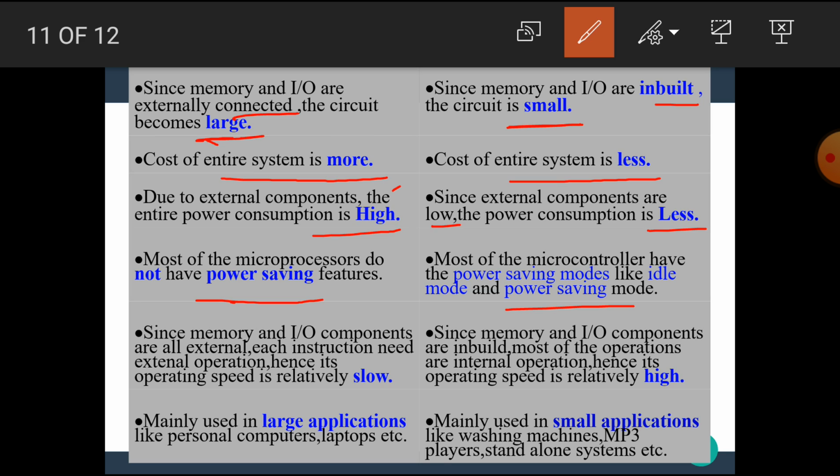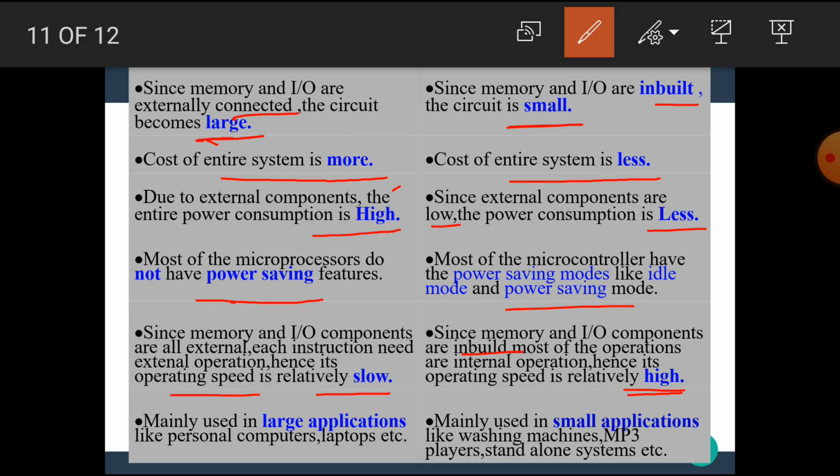In microprocessor, since the memory and IO components are external, each instruction needs external operation, hence its operating speed is relatively slow. But in microcontroller, since the memory and IO components are inbuilt, most of the operations are internal operations, so its operating speed is relatively high.